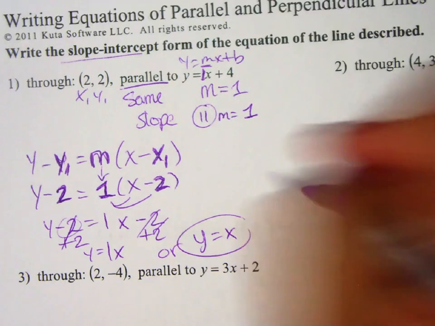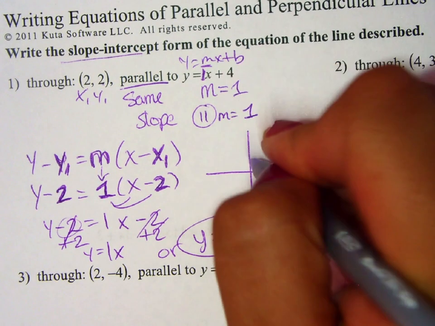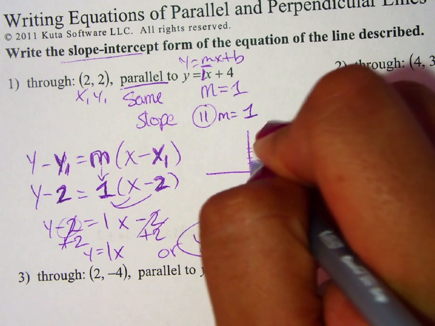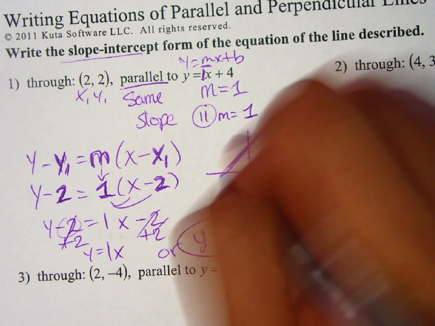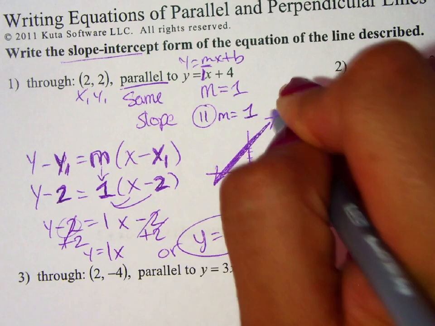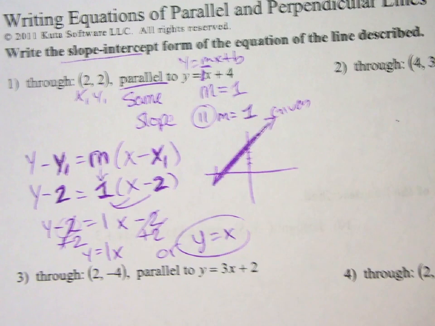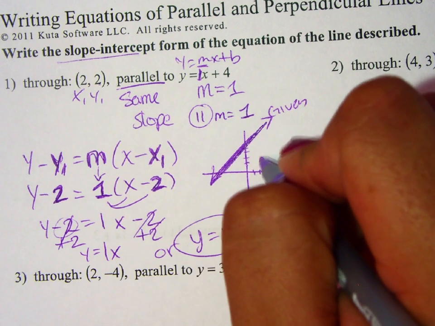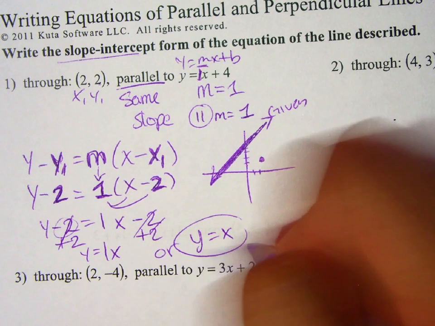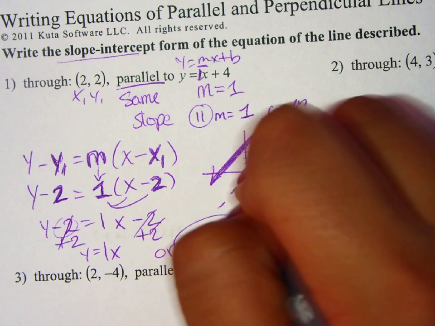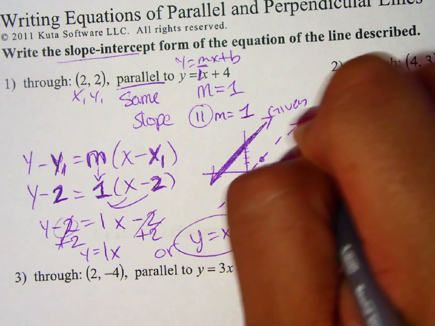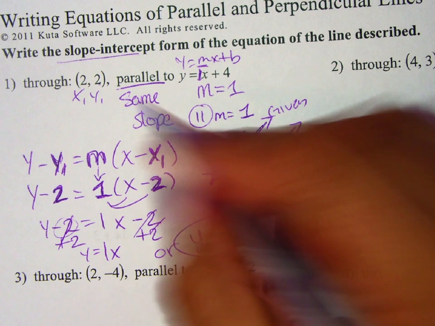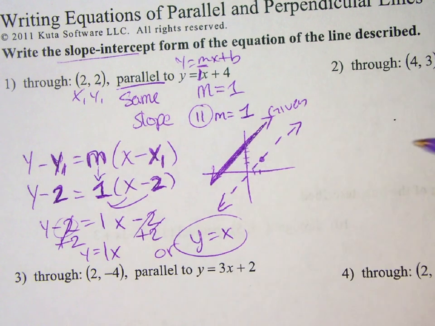So just a sketch of this will be y equals x plus 4, touching at 4, and creating a line that looks like this. So this is the given line. And then you're going to imagine that point being plotted, so somewhere here. And this is the equation you created. And notice how it does go through the point that they're giving you, and it's parallel to the given line.